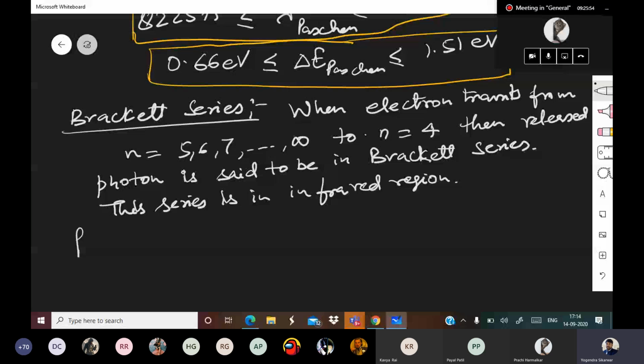So for n is equal to 5 to n is equal to 4 transition, can someone tell me quickly how much will be delta E? Anyone? Quickly.